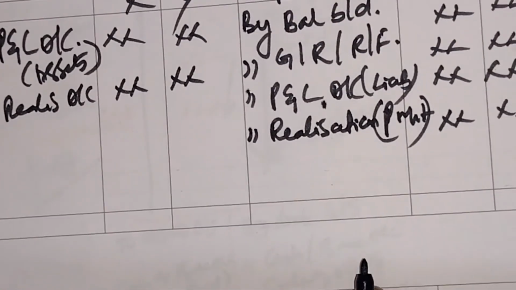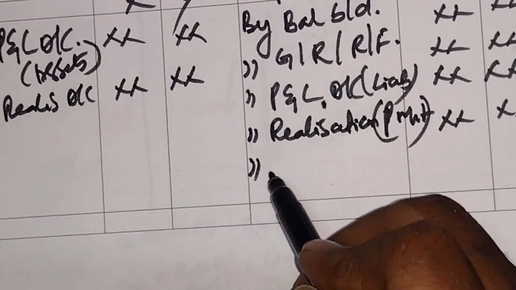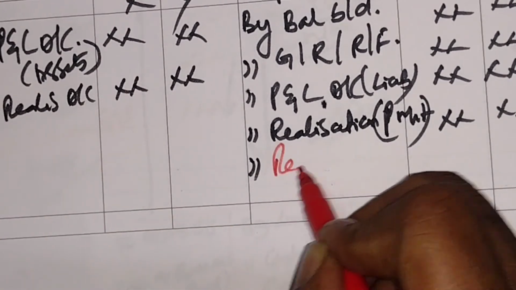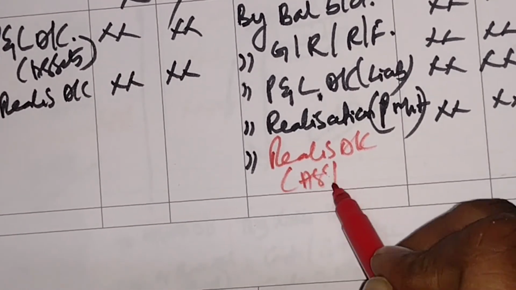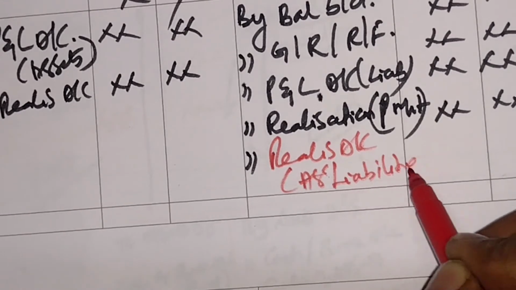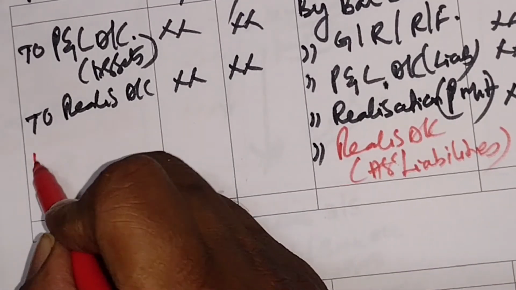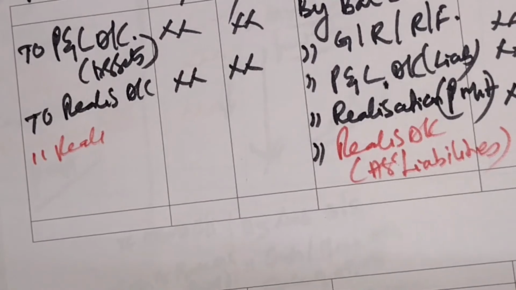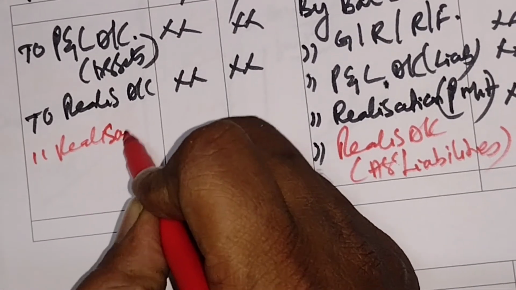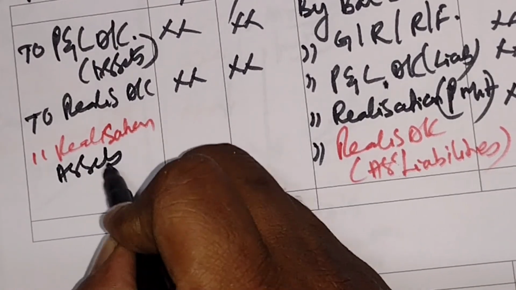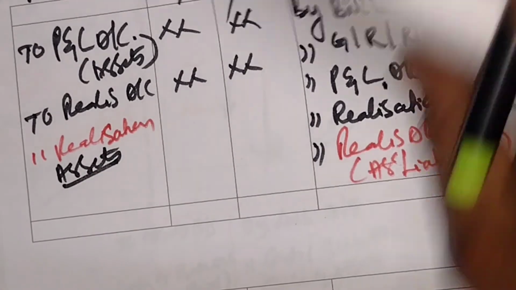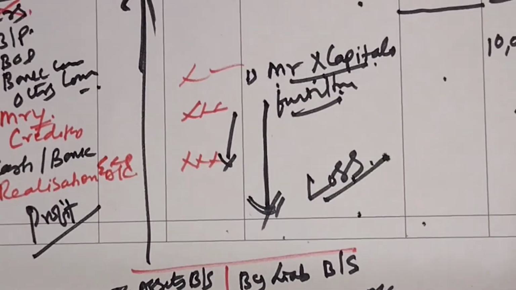And apart from these, one more realization will appear. That is assets taken over; sorry, credit side means liabilities taken over. The same realization account will appear. What for? The assets taken over by the partners, which have been shown in the realization account.